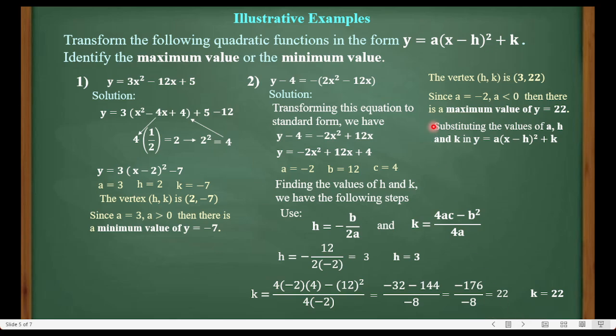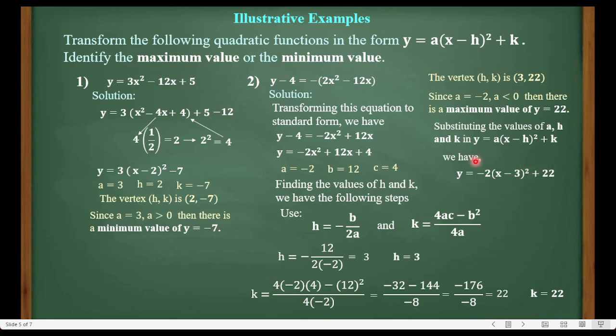Okay. So substituting the values of A, H, and K in this form, therefore, the resulting quadratic equation in vertex form would be what? Y equals A, which is negative 2, times quantity x minus 3 squared plus 22.